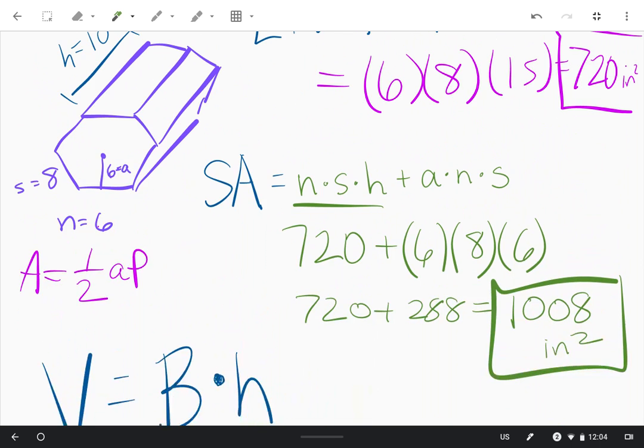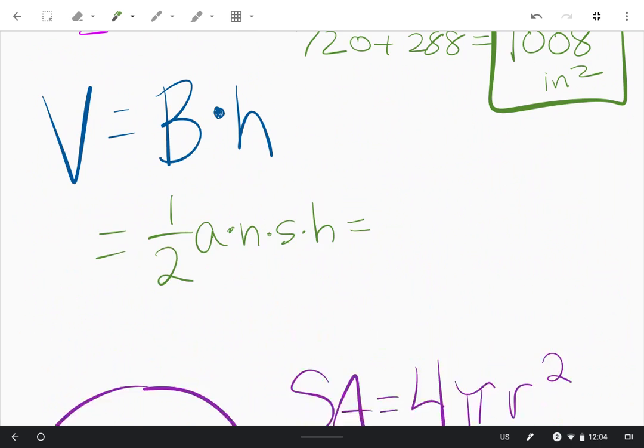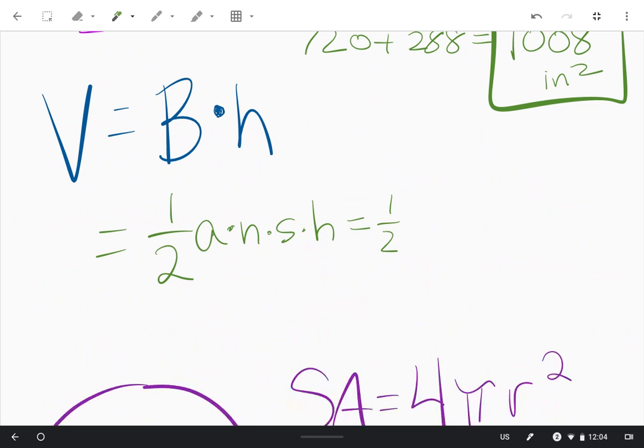So we're going to do 10, and I messed up earlier. I'm going to go ahead and just change this so it's correct, 15. We're going to do 6 times 6 times 8 times 15. So we're going to plug in for all those numbers. 1/2 times 6 times 6 times 8 times 15.